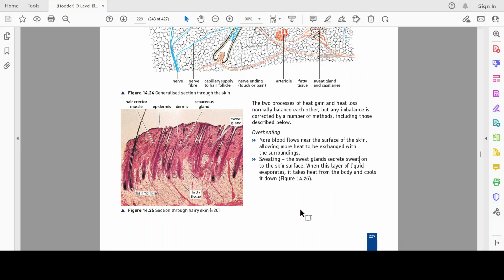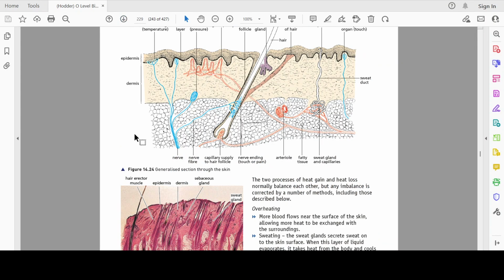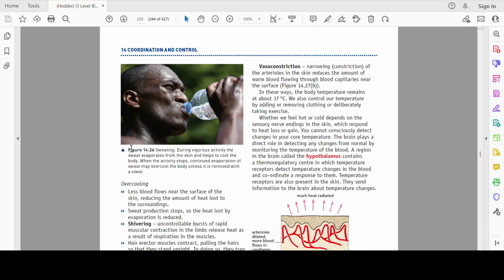So the sweat, which is mostly water, takes the heat being transferred from the blood and uses that to evaporate. And as it evaporates, because it's removing the heat from the blood, the body cools down.